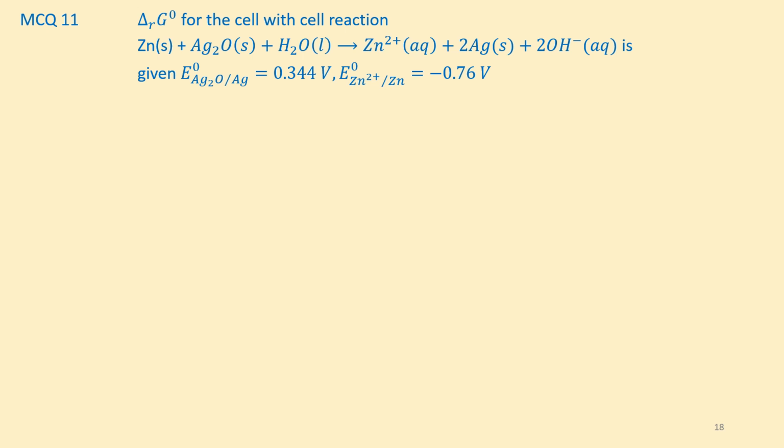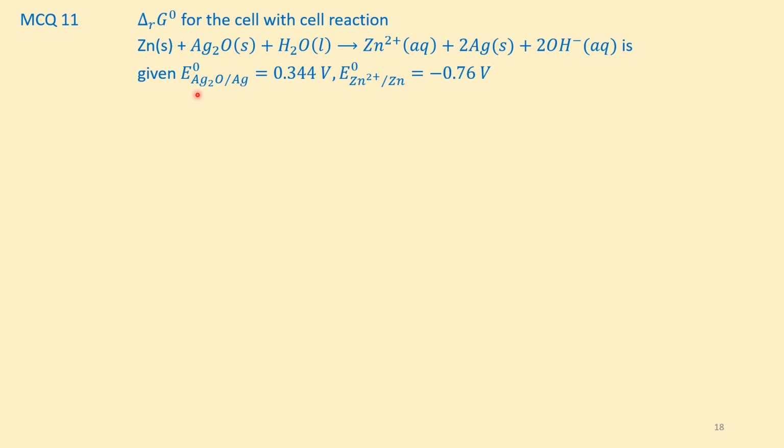Delta G naught for the cell with cell reaction ZnS plus Ag2O, both in solid state, plus H2O in liquid state forms Zn2+ aqueous plus 2Ag solid plus 2OH- aqueous.